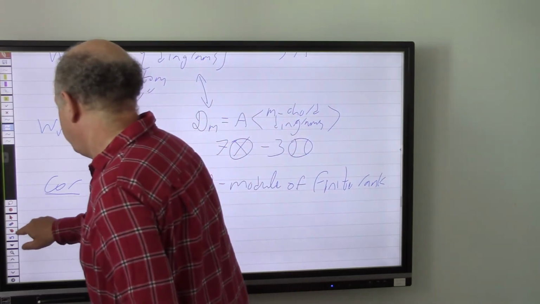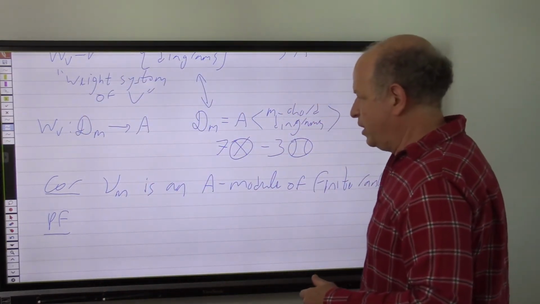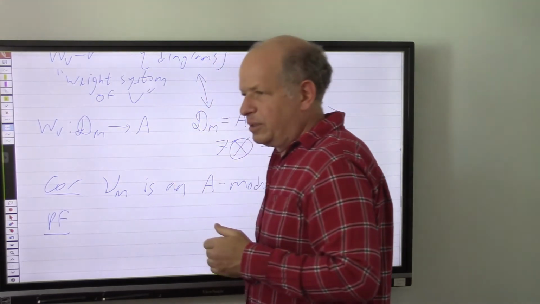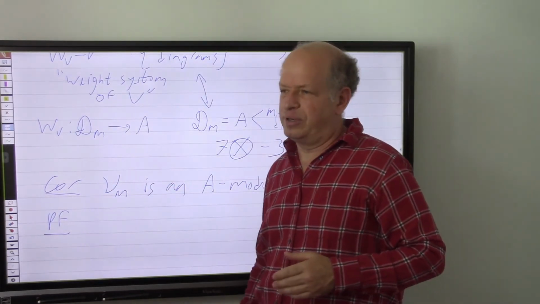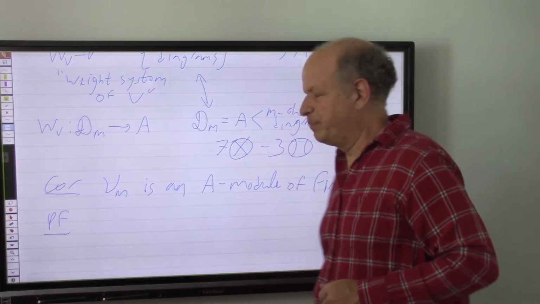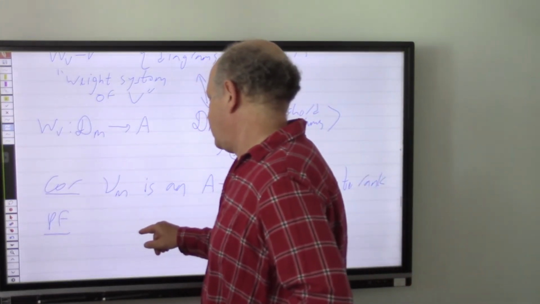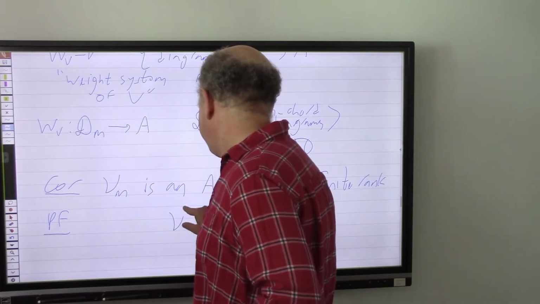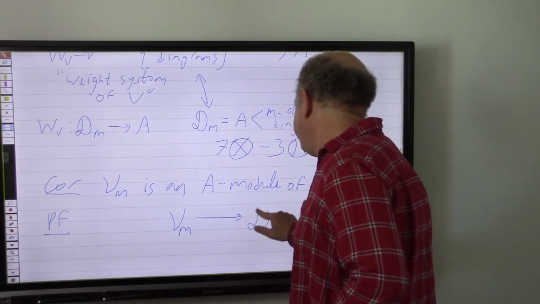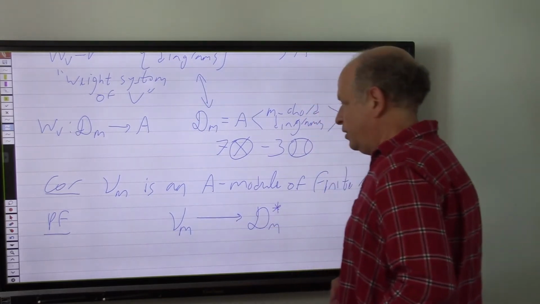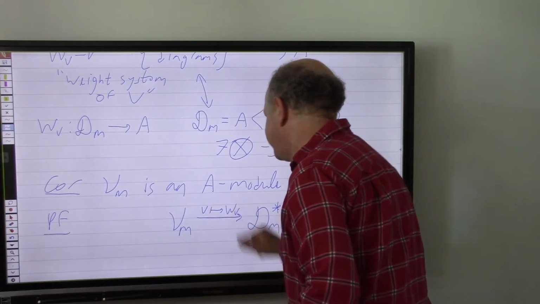So, proof. Sorry, what is V sub M? It is the set of all finite type invariants of type M. The space V sub M maps into D_M dual, because this is the map W, which maps an invariant into its weight system.